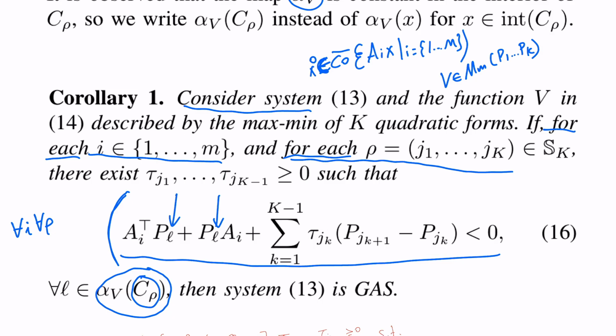You are looking at if it would be possible for you to construct a Lyapunov function using those given k quadratics. Yeah, this corollary basically allows you to do that.